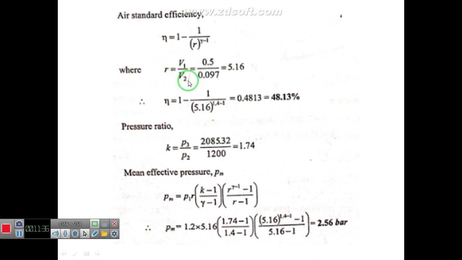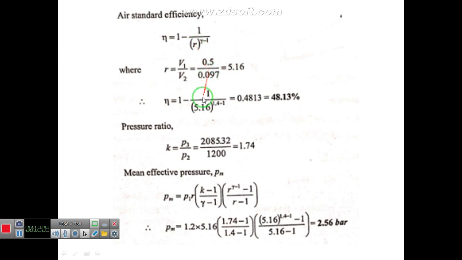With V1 0.5 and V2 0.097, the r value is 5.16.